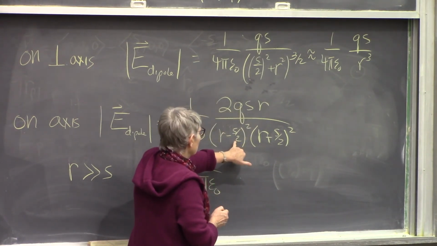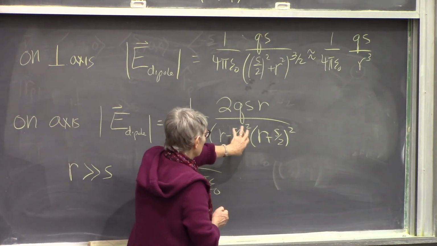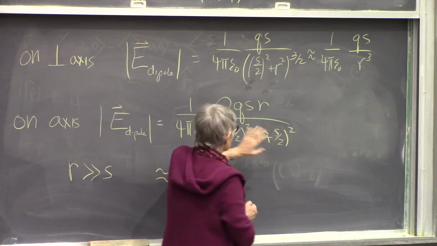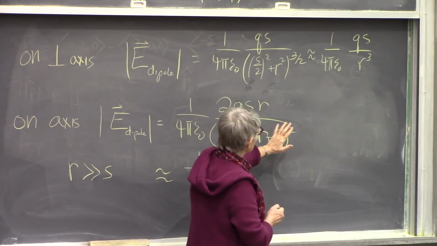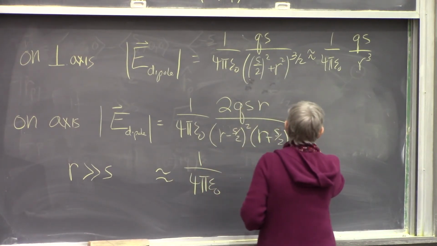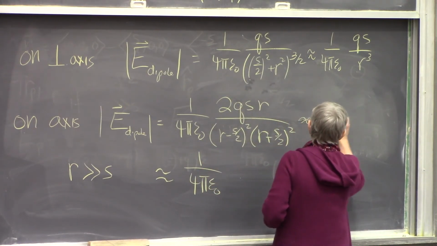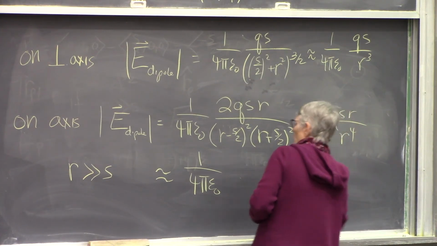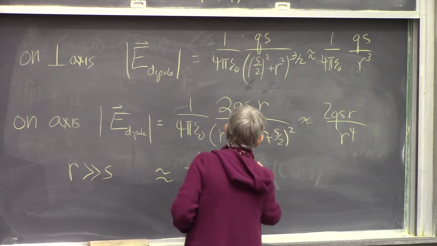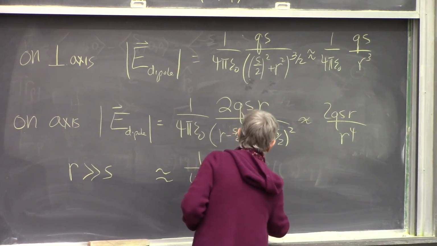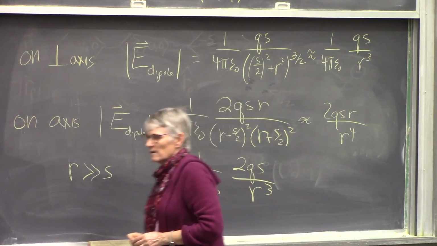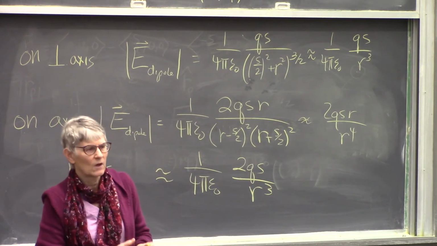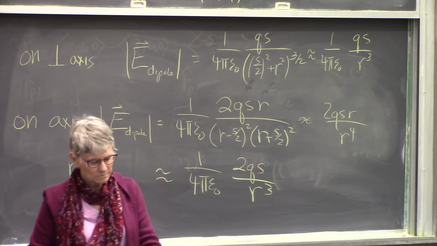If we're going to be able to neglect these S over 2's, we're going to have an R to the 4th. We have 2QSR over R to the 4th, so we end up with 2QS over R cubed along the axis.